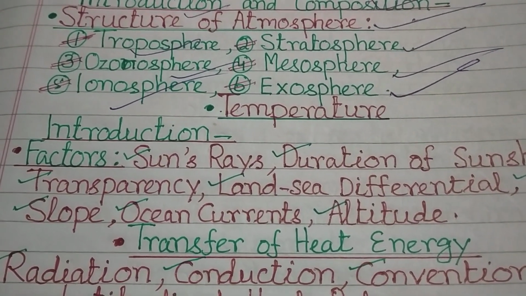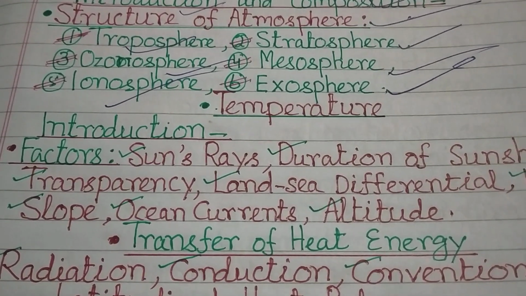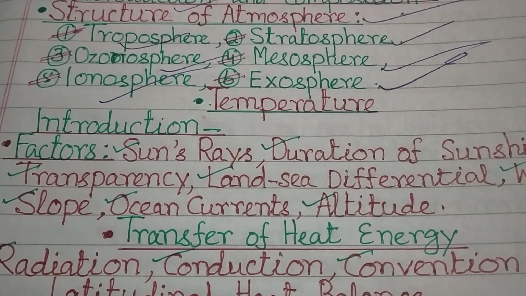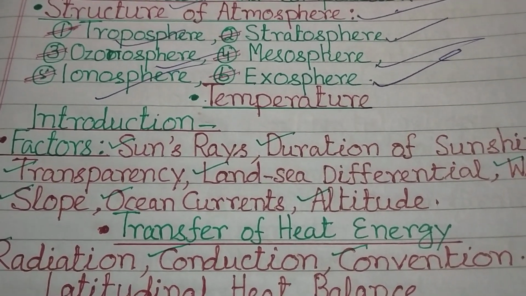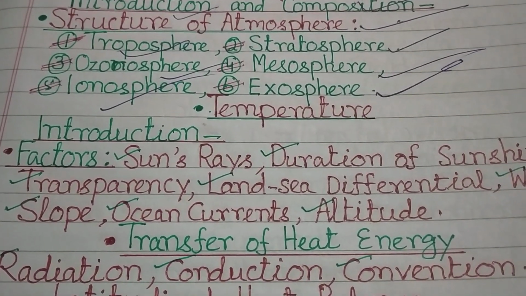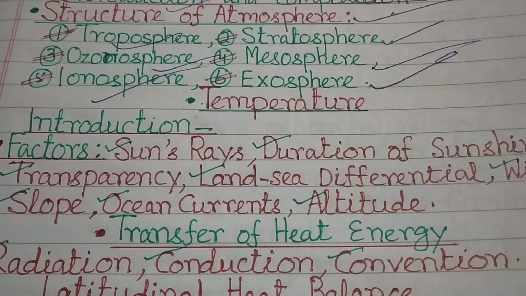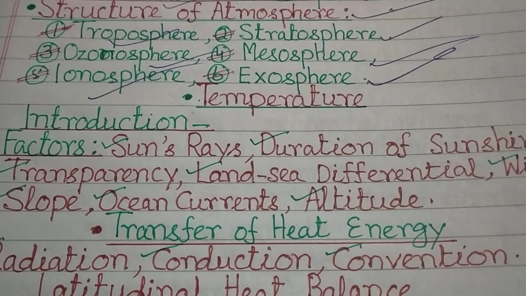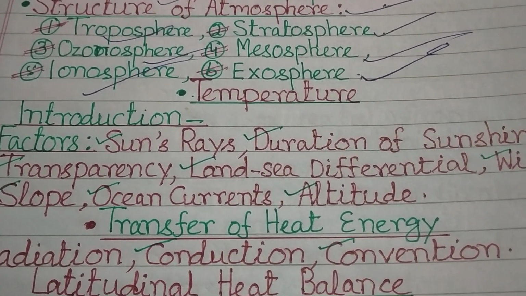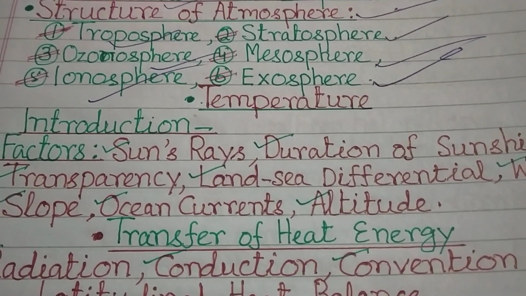The ozonosphere is also called the chemosphere because a lot of chemical activity goes on here. The temperature rises at a rate of 5 degrees centigrade per kilometer through the ozonosphere.